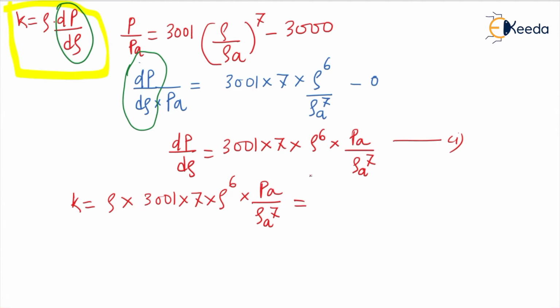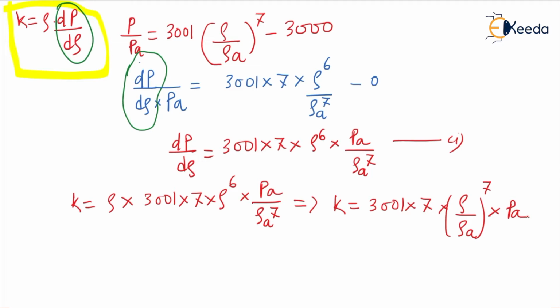Basically we can write K as 3001 into 7 into (rho upon rho A) to the power 7, multiplied by Pa. Pa is already given as 1 atmospheric pressure.